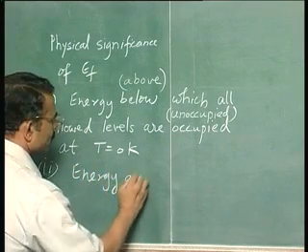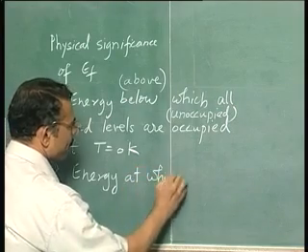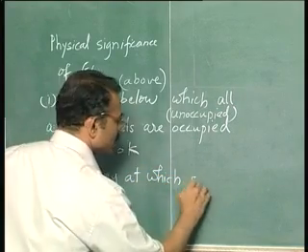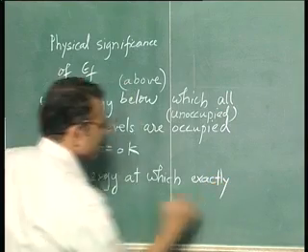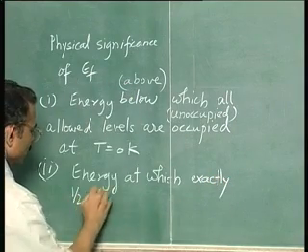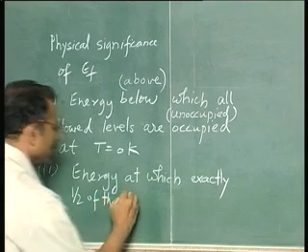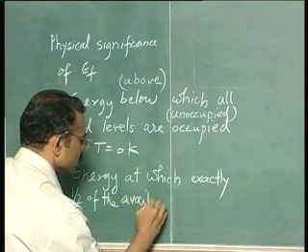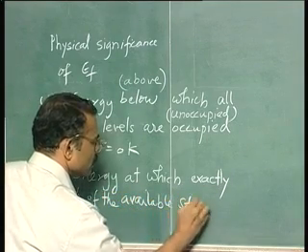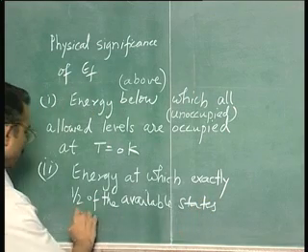So it is the energy at which exactly half of the available states are occupied at t greater than 0.